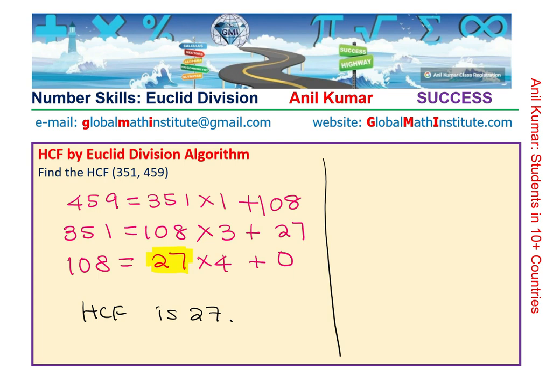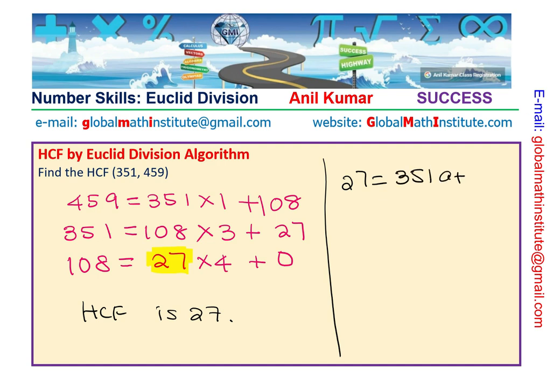So you could always write 27 as equal to something like, say, 351 times A plus 459 times B. Since it can be written like this, you have to find the value of A and B. You can give one set of values of A and B. That could be a test question.